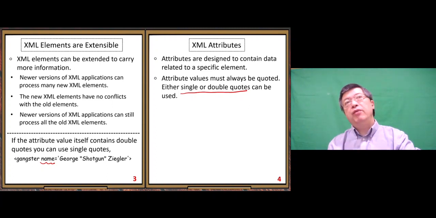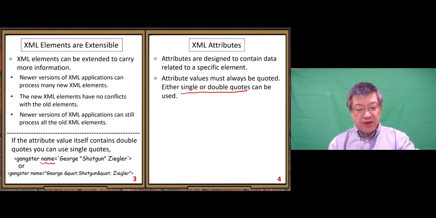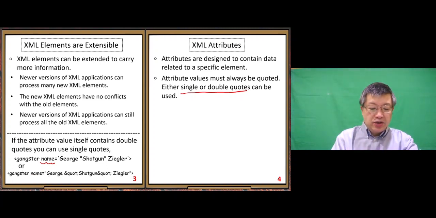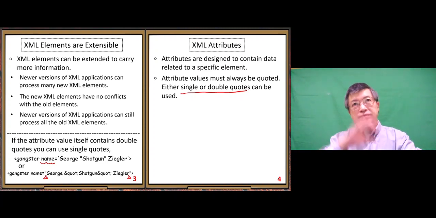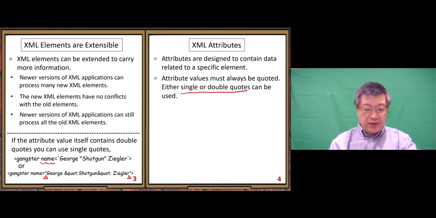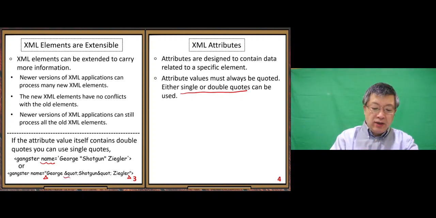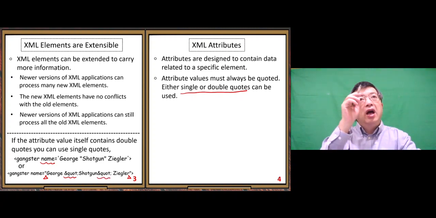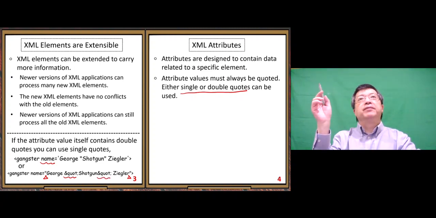But there is another way you can solve this problem. You still use double quotes to identify the attribute value, but for the literal double quotes, you use the XML entity.